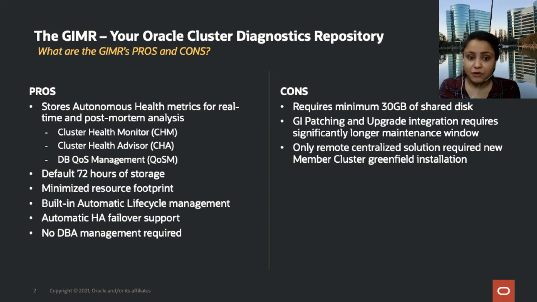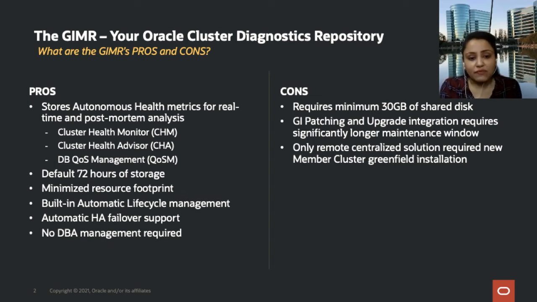And this DB provides a default 72 hours of storage. As client loads are known, the database is fine-tuned to minimize resource footprint in the production cluster. And it has built-in automatic lifecycle management and automatic HFLOS support, and as a result, no DBA management is required. So this actually helps to get the health metrics analysis and all.